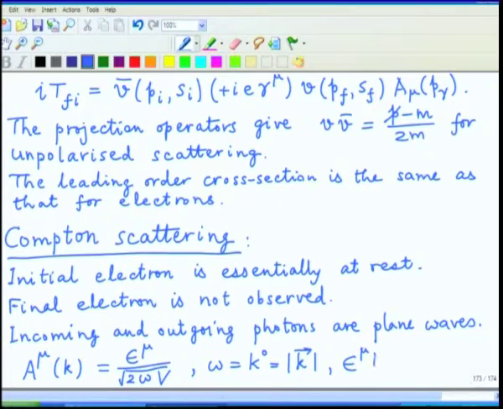So, they will have the transversality property that epsilon mu dotted with k mu is equal to 0, and we will normalize the polarization vector to unity. So, these are all standard properties, and we can write even k square is equal to 0 for the photons. And these are the things which we will use in simplifying the algebra which comes out of it.